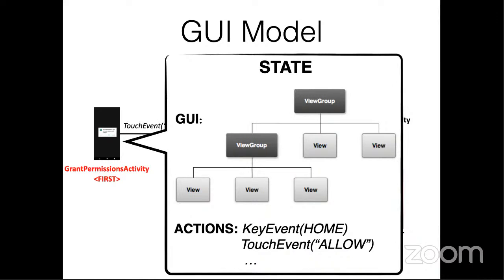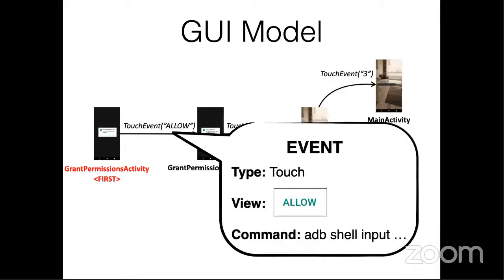And so two different texts in a text field produce two different states only if one of the two values enables new or different actions. This level of abstraction avoids wasting too much time in testing an activity.